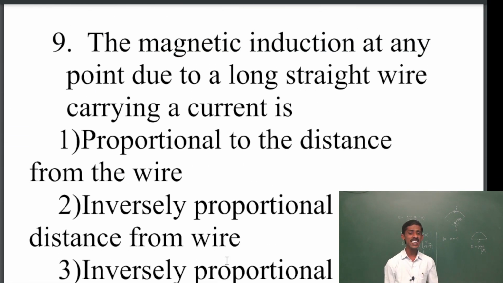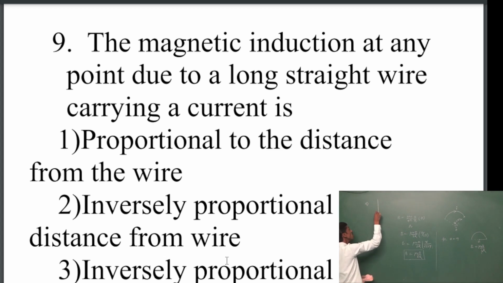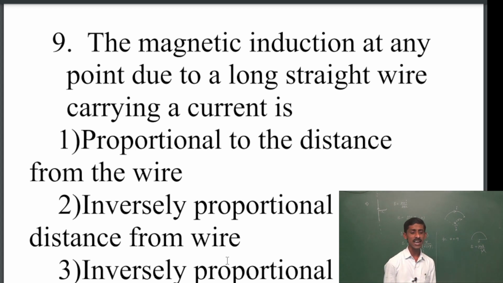The magnetic induction at any point due to a long straight wire carrying current is. In previous questions we have seen, question number 9, the magnetic field due to an infinitely long wire at a point which is at a distance r: B is equal to mu naught I by 2 pi r. So if you see the options, how does the magnetic field at a point due to a long wire carrying current depend on distance?